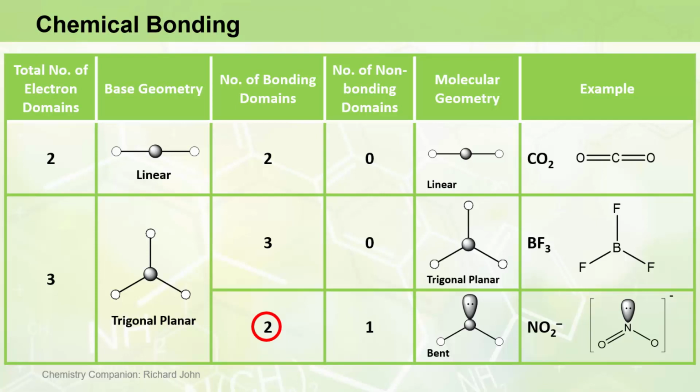The octet of electrons on the central nitrogen atom is completed with the non-bonding pair of electrons, representing 1 non-bonding domain. The resultant geometry is therefore a bent structure, where the non-bonding pair of electrons is responsible for pushing the 2 oxygen atoms into the bent shape by virtue of the need for the 3 domains of electron density to be as far from each other as possible.